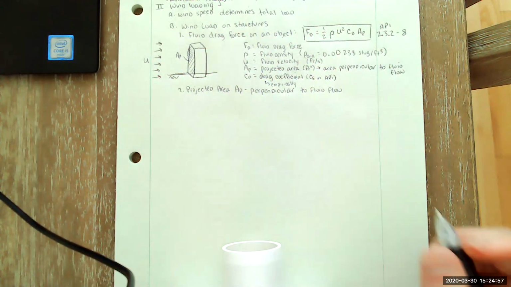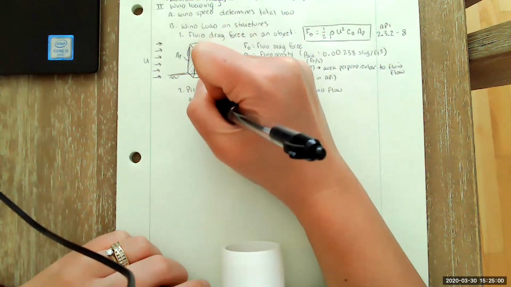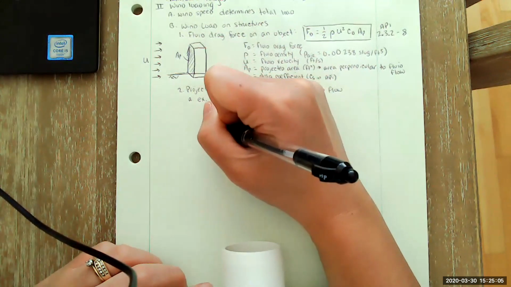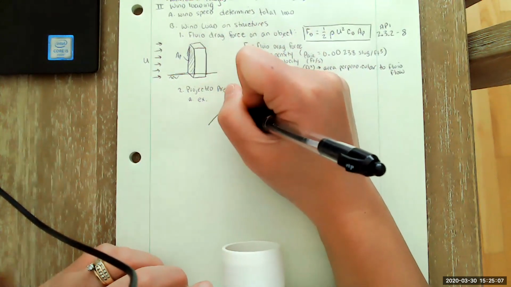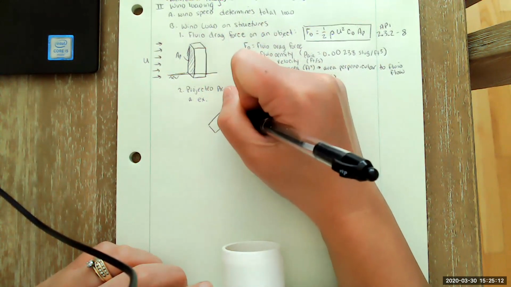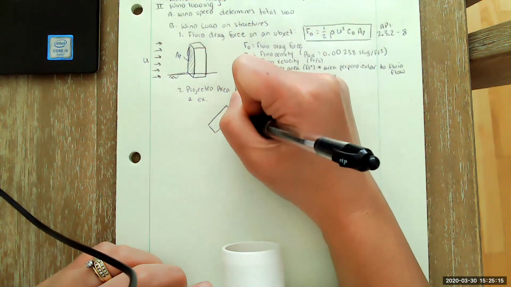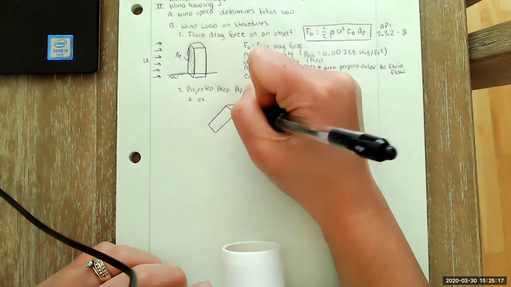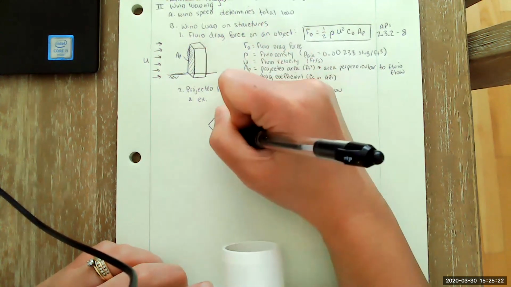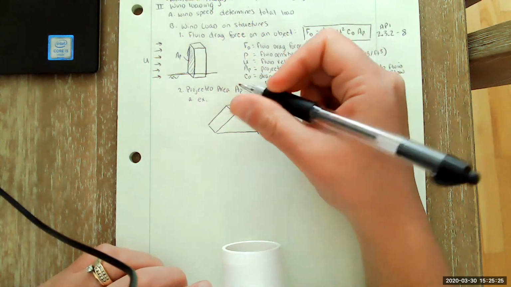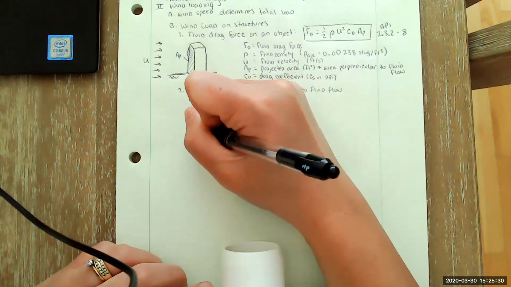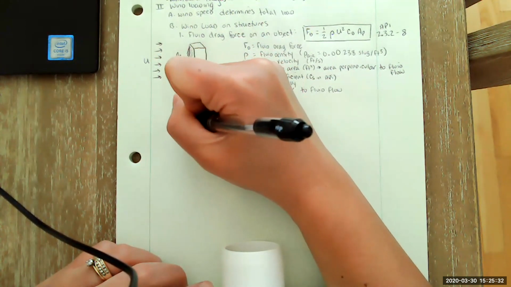So what that means is, for example, let's say I have some pyramid-shaped structure with a sloping side, and then maybe a flat top. And here's our ground, and here's our wind speed.